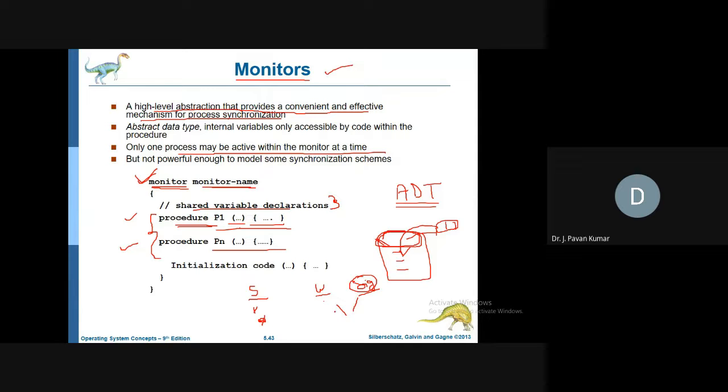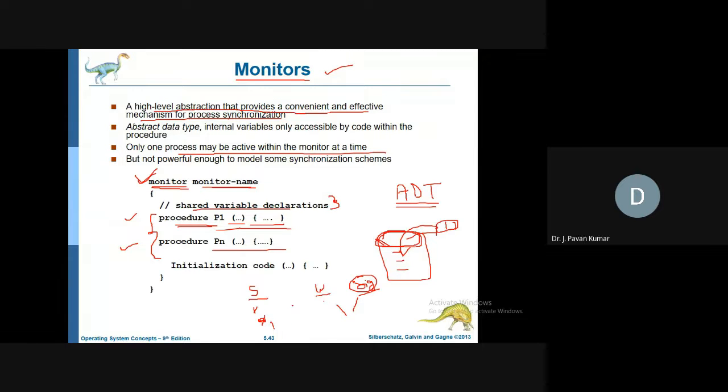This is the usual procedure in a semaphore. In the case of a binary semaphore especially, if the value is greater than 0, it will decrement the semaphore value and enter the critical section. If it is less than or equal to 0, it will keep on waiting. That is the procedure of wait. Similarly, the signal operation just increments the semaphore value, so from 0 it goes to 1.